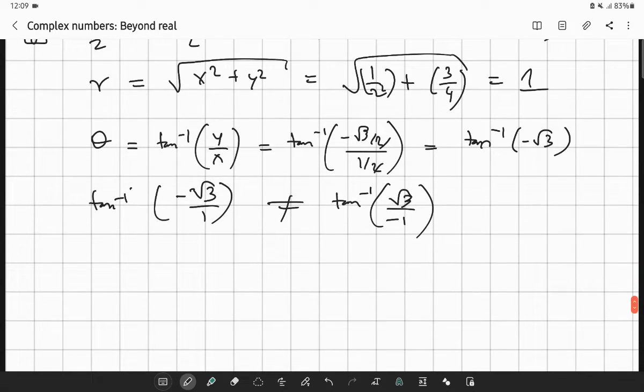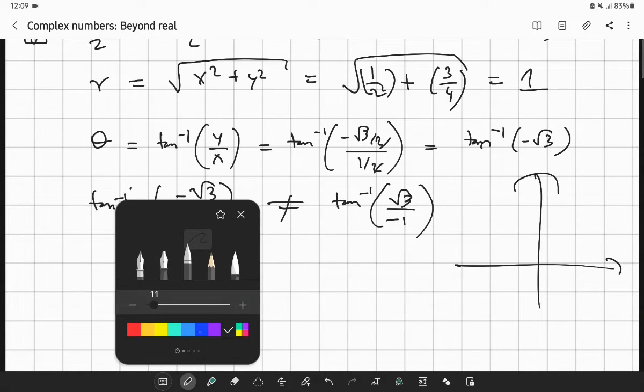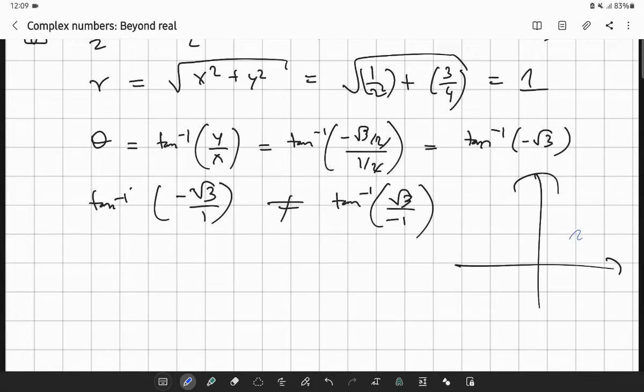Why is that? Because it depends on what quadrant you're on the plane. If x is plus, y is plus, you're in this quadrant. If x is minus, y is plus, you're in this quadrant, and so on: both minus, and x plus, y minus. So it depends on which quadrant you're in, the angle you'll get is different. So you should really, really take care of this.